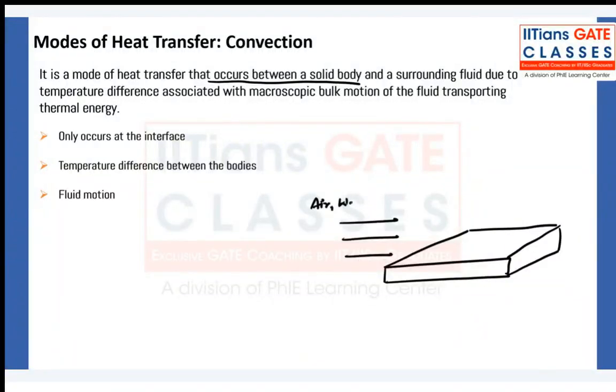Now, due to temperature difference, there must be a temperature difference. If the surrounding fluid is at T infinity and this surface is at Ts, then Ts is not equal to T infinity. Either it is higher or lower. And then the macroscopic bulk motion of the fluid transporting thermal energy.